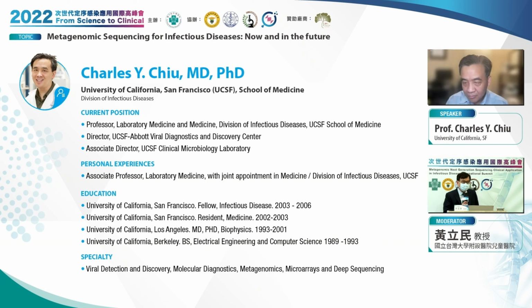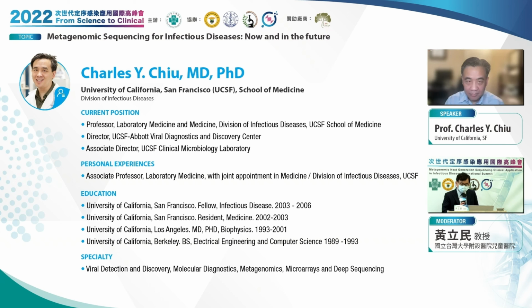After that, he finished resident training in internal medicine, and then did his ID fellow training. And so now he's a board certified ID specialist. His position currently is Professor of Laboratory Medicine, Division of Infectious Disease, UCSF School of Medicine.